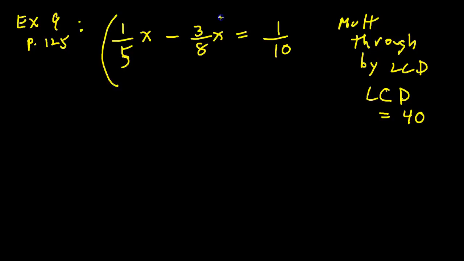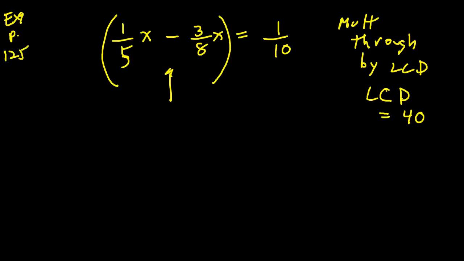On the left-hand side, you've got a difference to worry about, so I've got to apply my distributive law. And this is example 9 on page 125. Take a little extra room here. So multiplying both sides now by 40. I've got to apply my distributive law on the left-hand side.